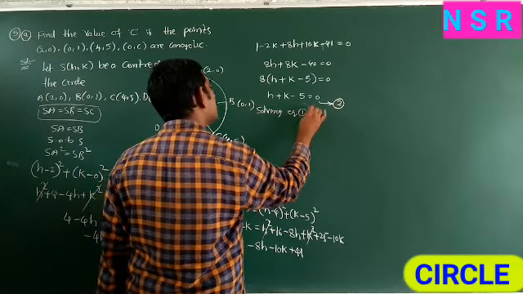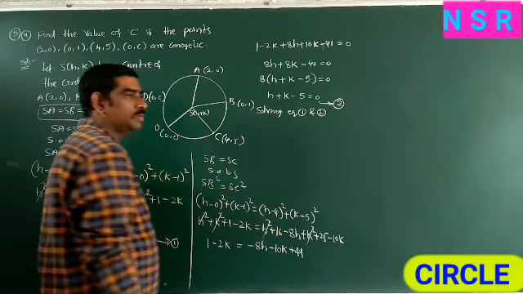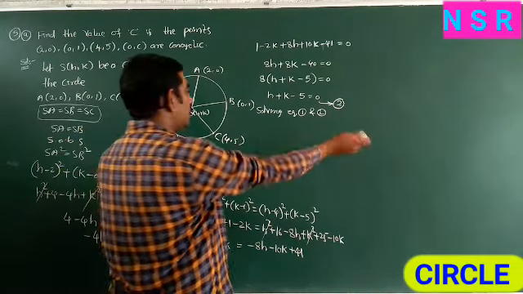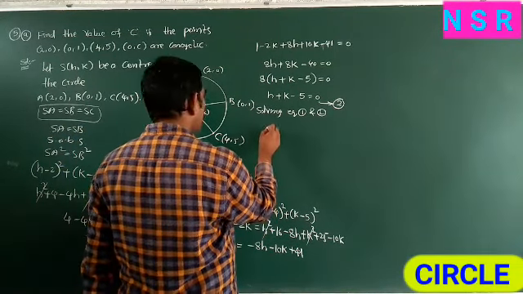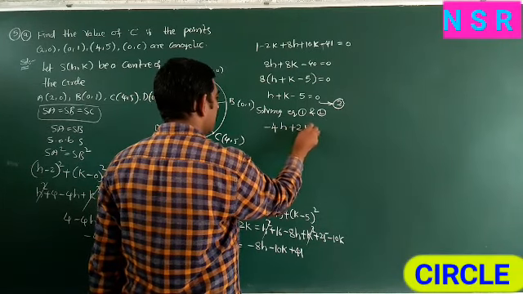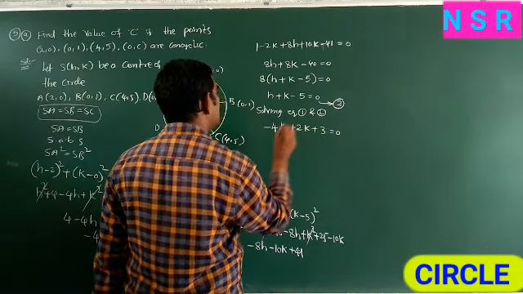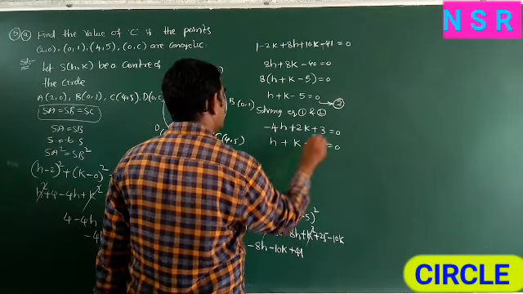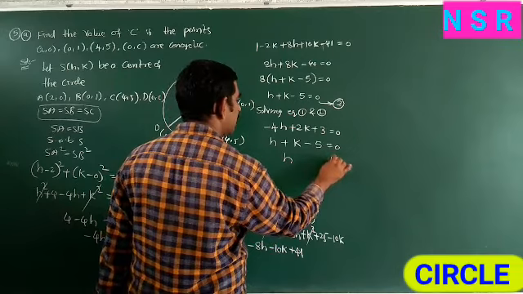Solving equation 1 and 2. So we get minus 4h plus 2k plus 3 equal to 0, and h plus k minus 5 equal to 0.